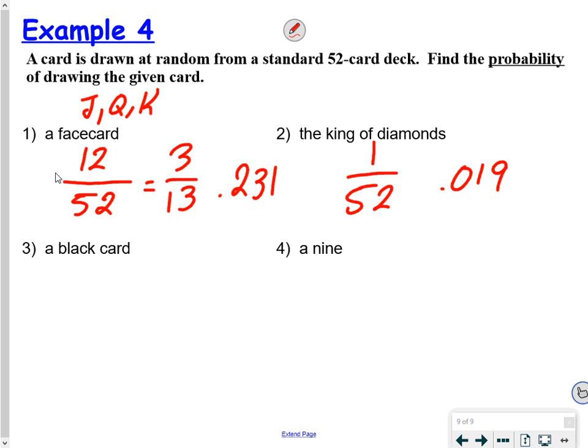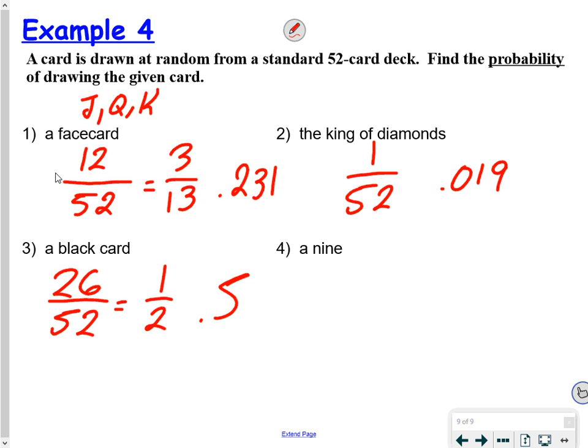All right, and then a black card in case 3. If we want to find the probability of finding a black card, this might be simple for some of you. Some of you know that in a deck of cards, half the deck is black, half the deck is red. All right, so that's 26 out of the 52 cards, which are black, which would be 1/2, 0.5, or 50%.